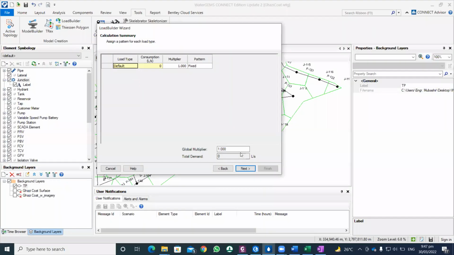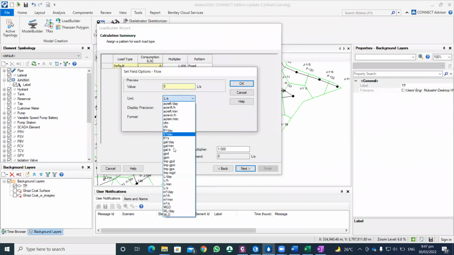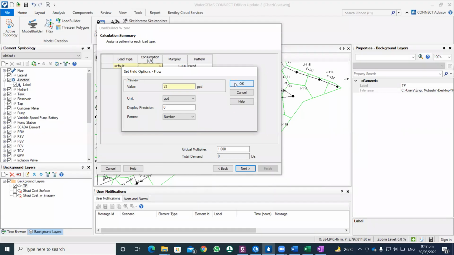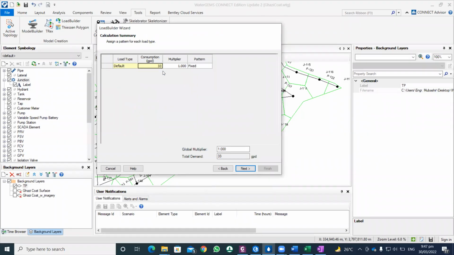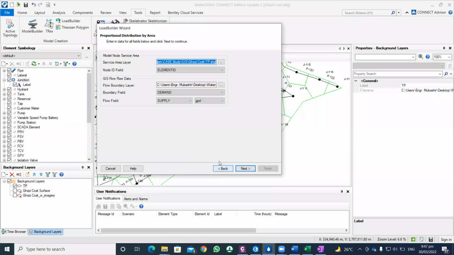Going next. So this multiplier basically, let me convert this unit to gallon per day. So the consumption is about 33 gallon per day.